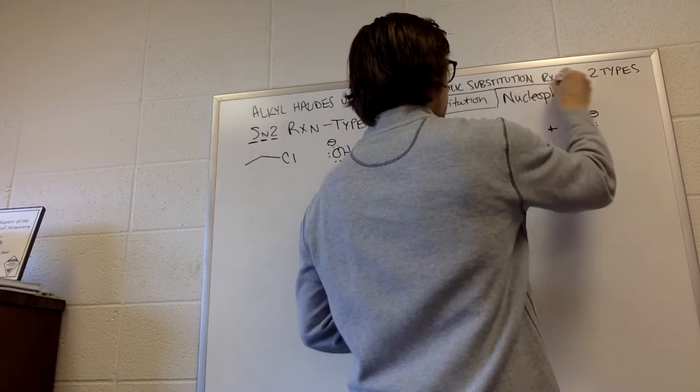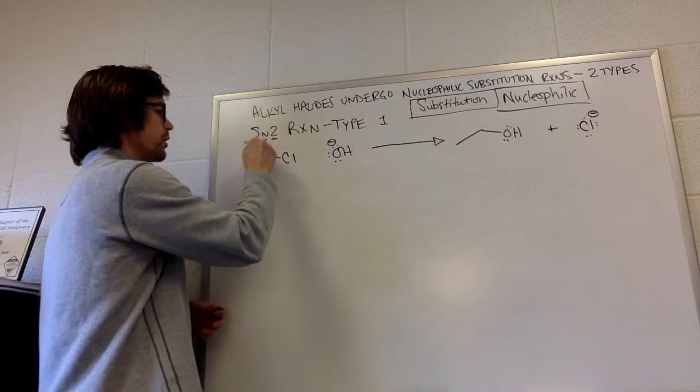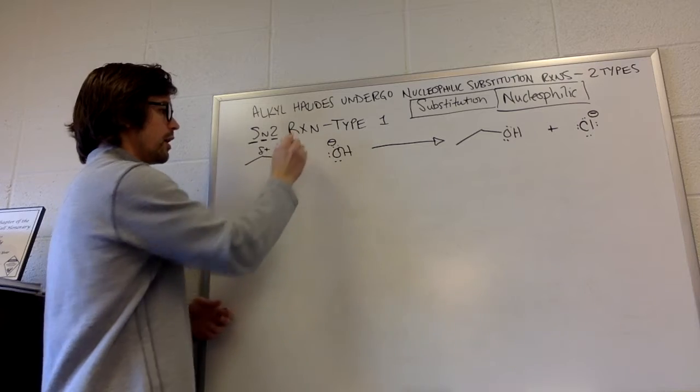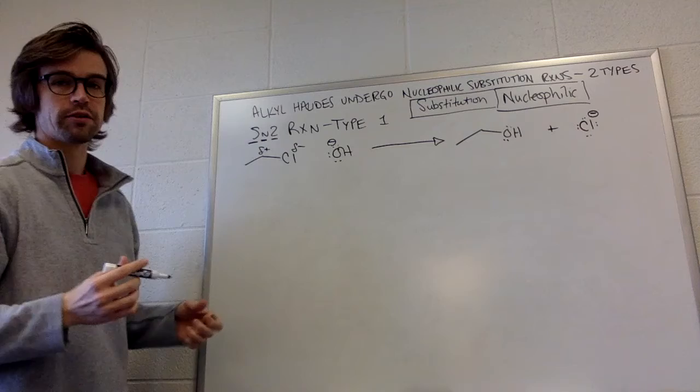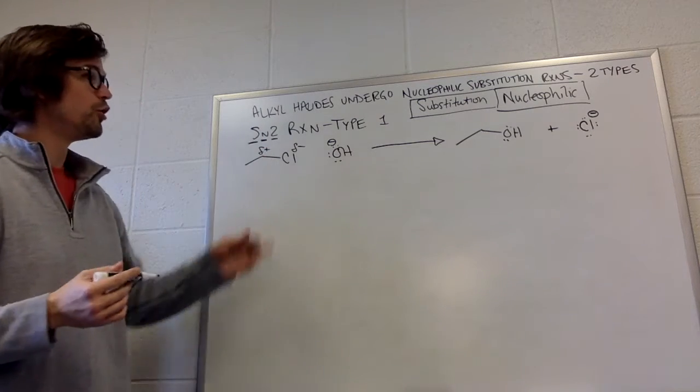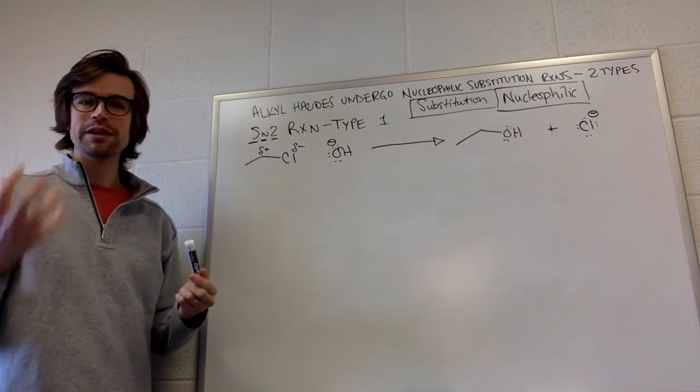And we talked about how this is the electrophile. There's a big partial positive right there because of the partial negative of the chlorine, which makes that a very electrophilic carbon. And then what does the 2 stand for? The 2 stands for bimolecular.